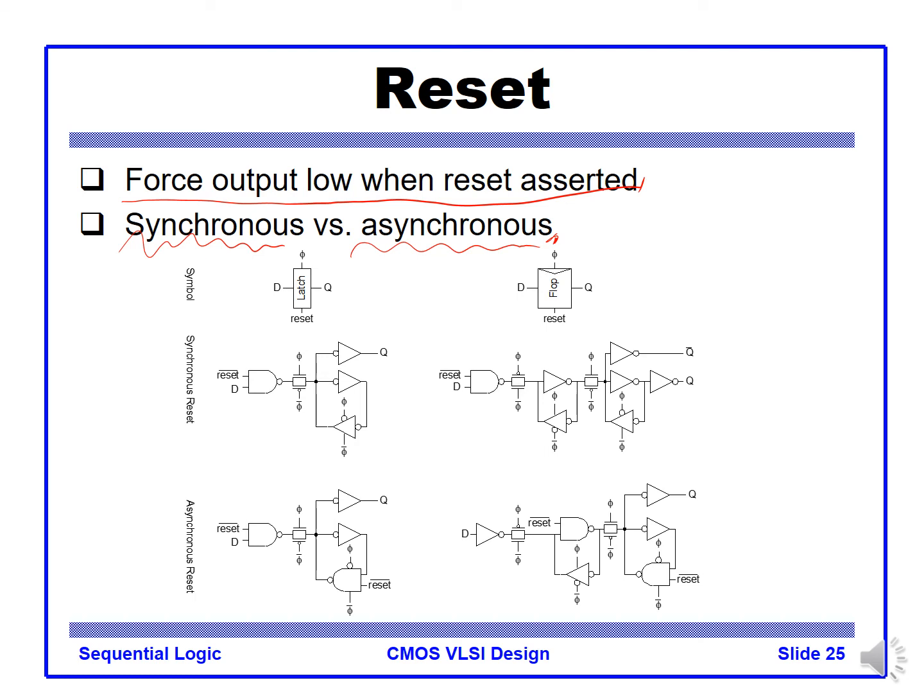So during this synchronous reset, the actual reset of this latching core will happen when the clock is high, right? If you put the reset gating in front of the latch or flip-flop, you can make a synchronous reset.